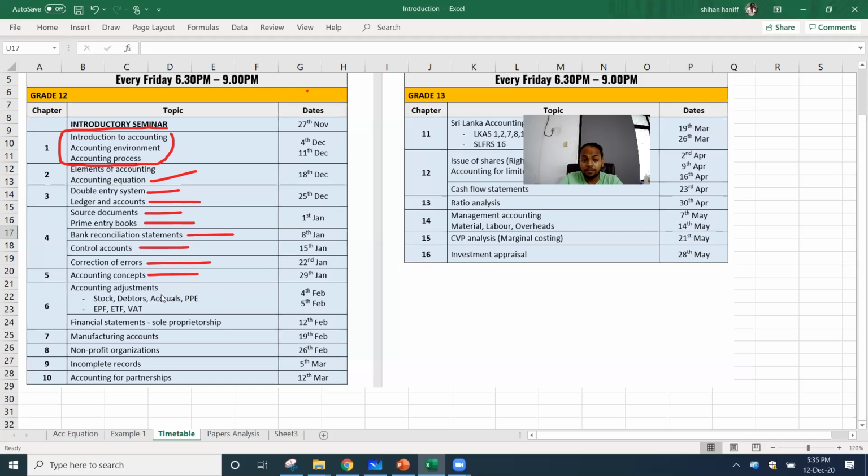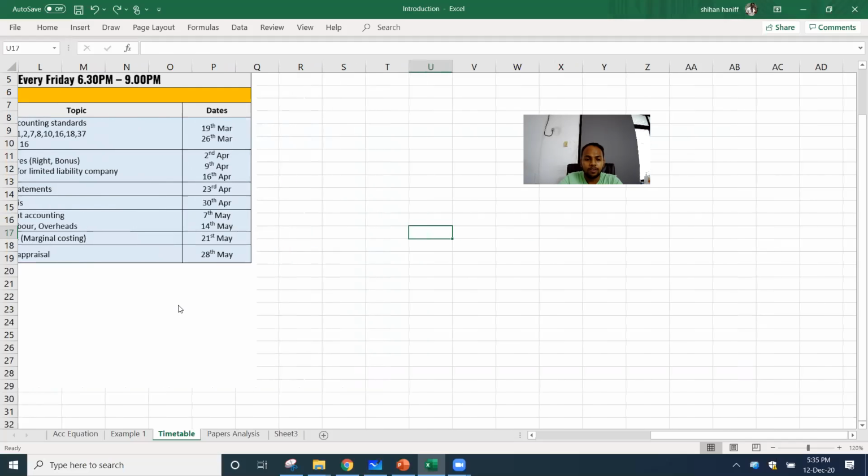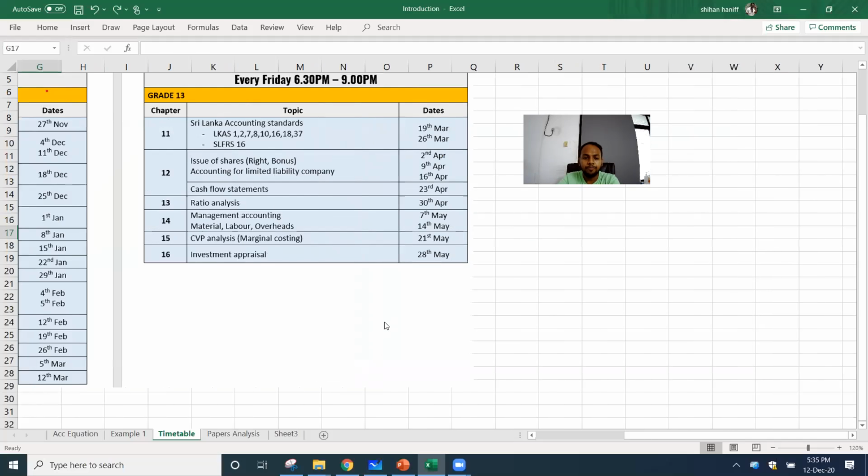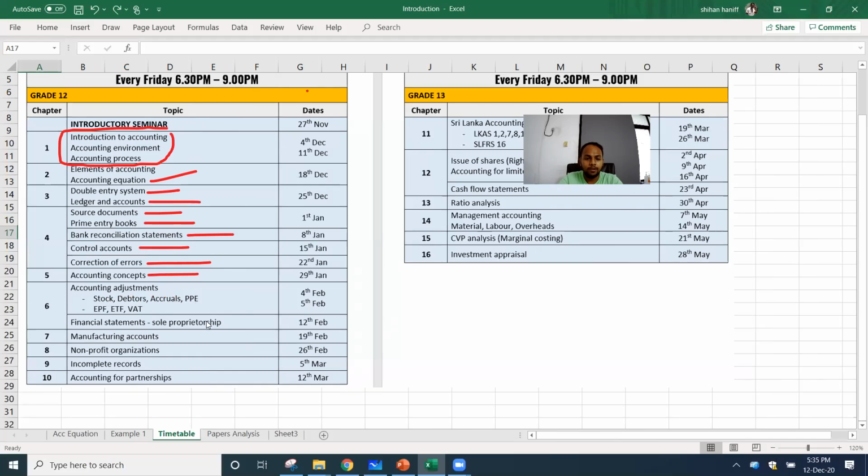Then the adjustments, as I said, stock, debtors, accruals, the PPE, right? Then preparation of financial statement for sole proprietorship. That's the end.